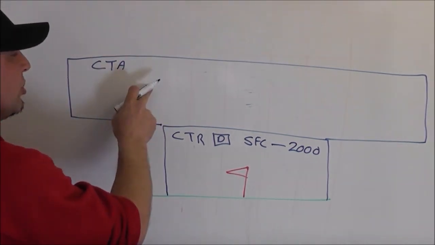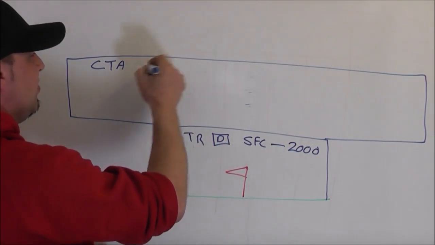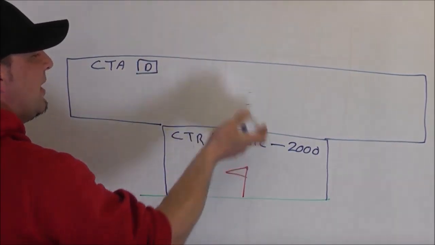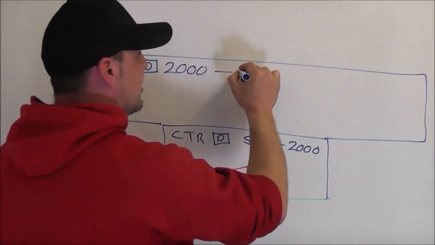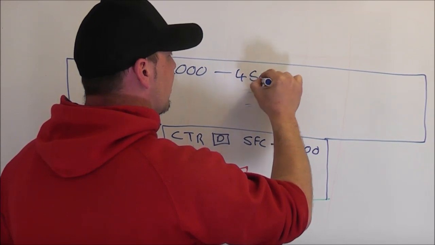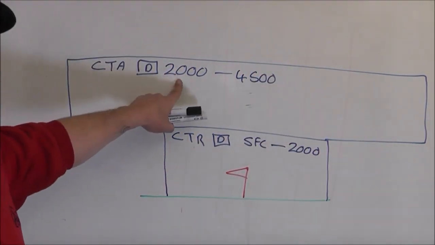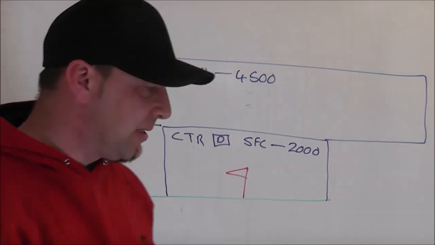CTA, so control terminal area, and again this would be classification of airspace, Class D, and it would be the altitude from and the altitude to. So in this scenario, the airspace starts at 2,000 feet and goes up to 4,500 feet.